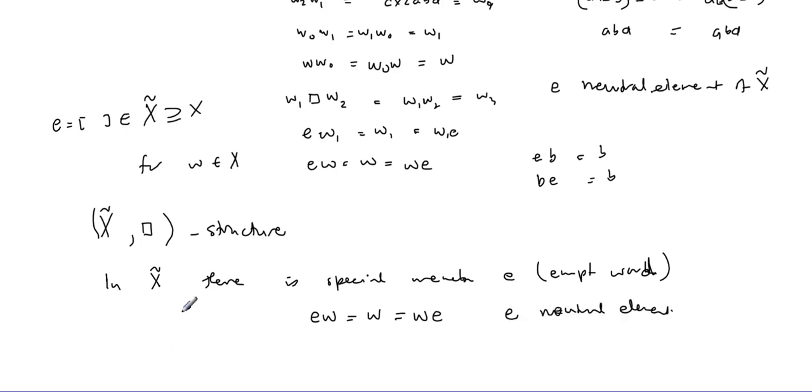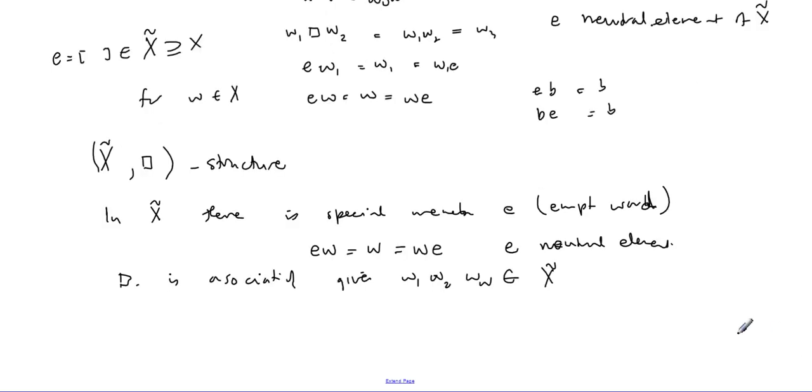Next thing, in X bar, obviously this thing is a magma. It is closed with respect to this operation, if we just emphasize that it's closed. But it's richer. It has got a new thing here, which just operates with the thing and you don't see anything, it's like doing nothing. And then this is associative. In other words, given word 1, word 2, word 3 in X bar, what happens here?